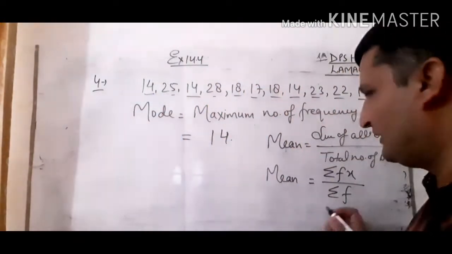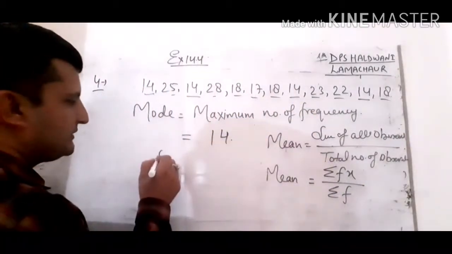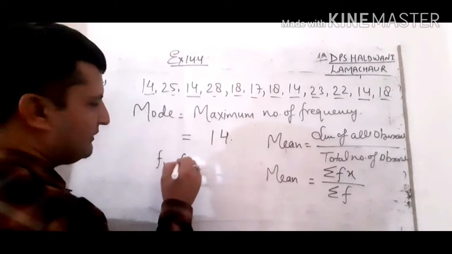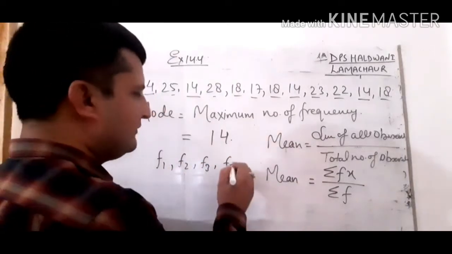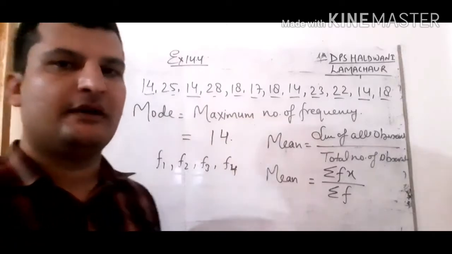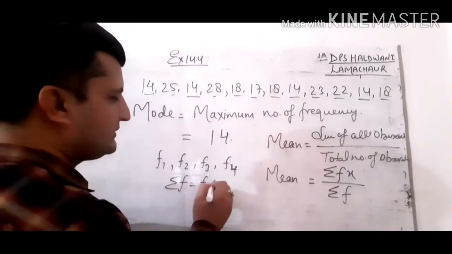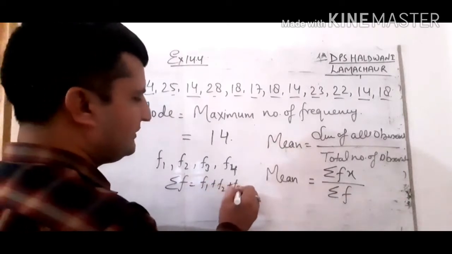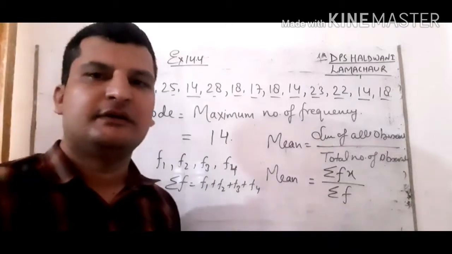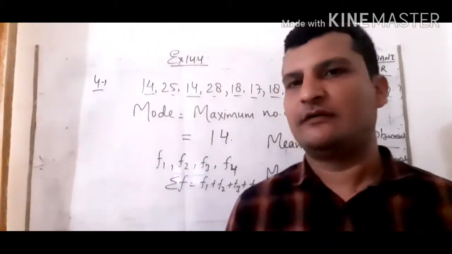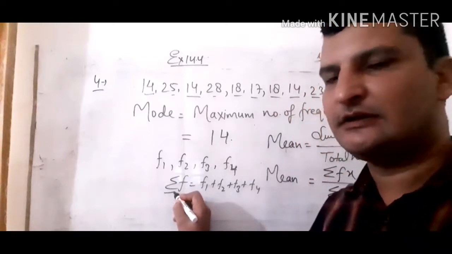Suppose the frequencies are f1, f2, f3, f4 like this. Sigma f means f1 plus f2 plus f3 plus f4. The sum of all the frequencies is called the summation of f, meaning sigma of f. This is the sign of sigma.